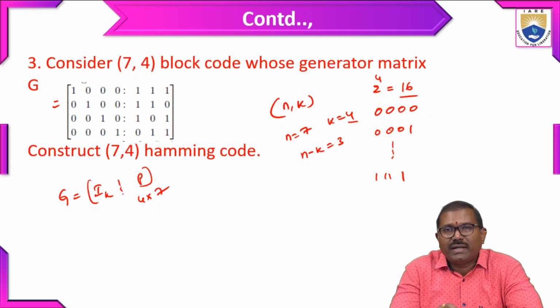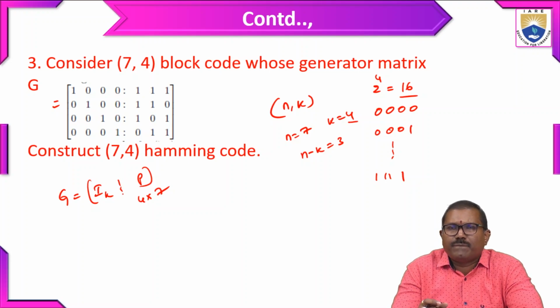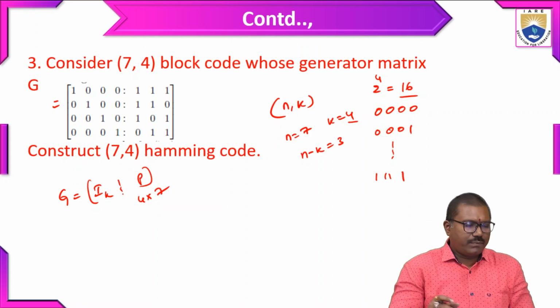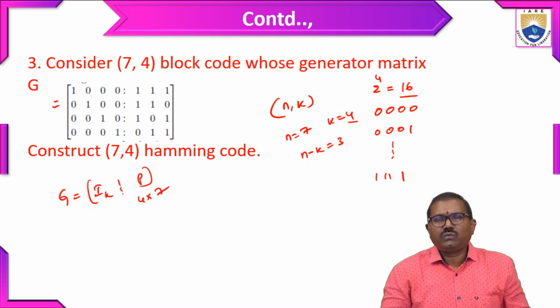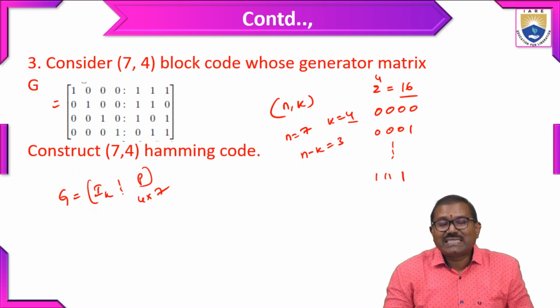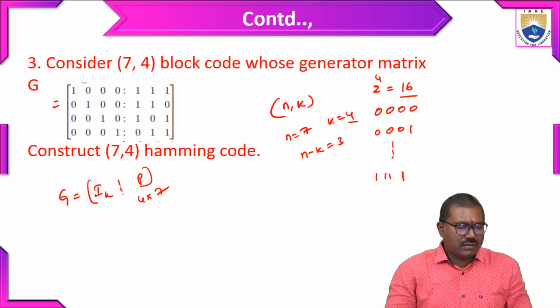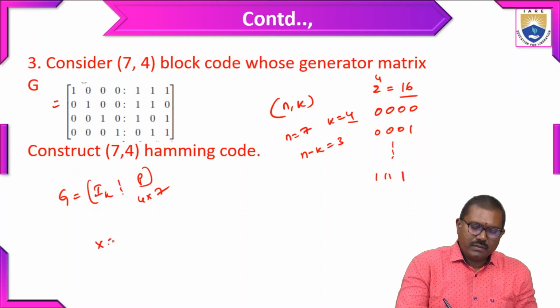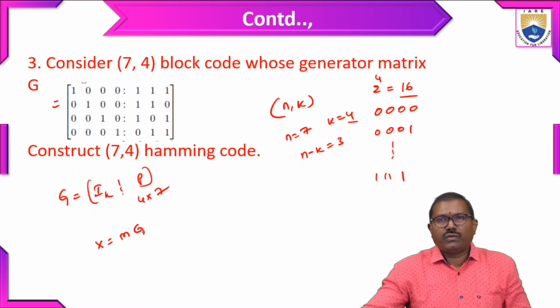IK is the identity matrix of size K, K is the message size, and P is the coefficient matrix. So from this you can find the 16 code vectors. Also you can find the code in a simple way.